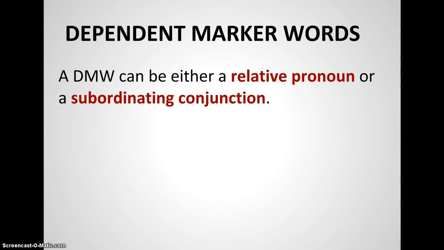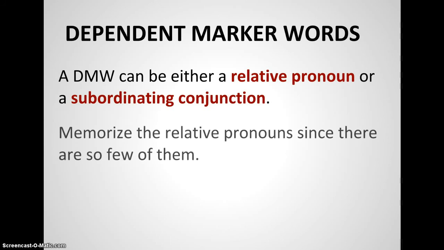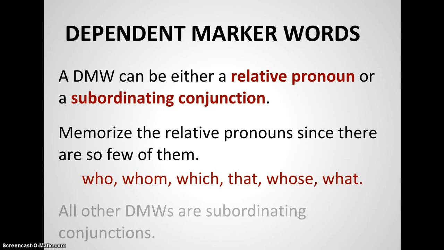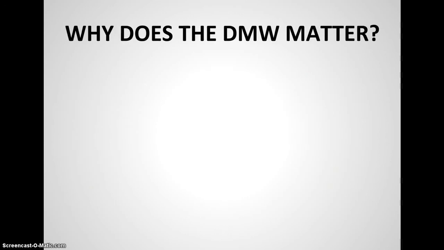Actually, we've seen both of these words already in this class. And you'll know that there are a long list of subordinating conjunctions. They're not easy to memorize. But the relative pronouns are very easy to memorize. Who, whom, which, that, whose, and what are the relative pronouns. And the rest of the dependent marker words, you can assume then, are going to be subordinating conjunctions.